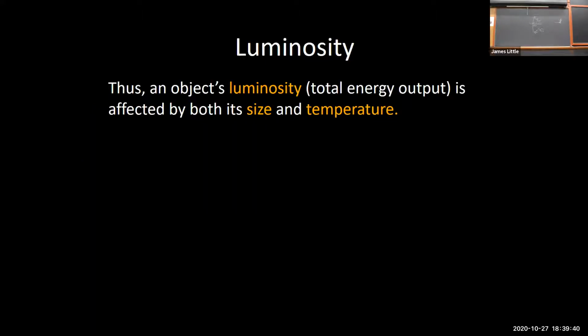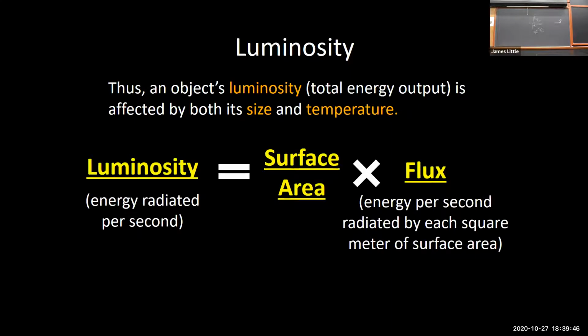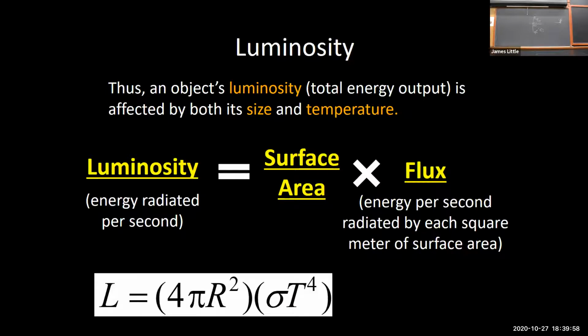So the total energy output, the luminosity, is affected by both size and temperature. Specifically, it goes as the area, which is a length squared dependence, and something called the flux, which depends highly on temperature.